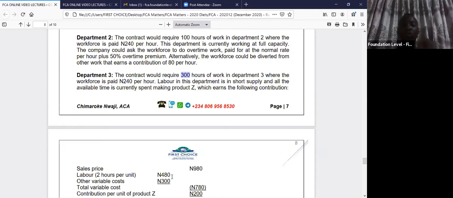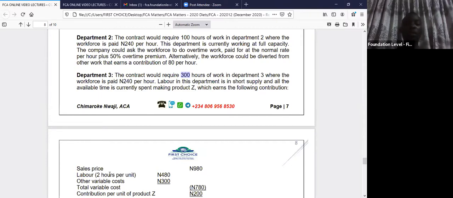which they spend 2 hours in making 1 product. How many products are they going to stop making? It means 300 hours divided by 2 will give you 150 units. It means 150 units will be stopped.